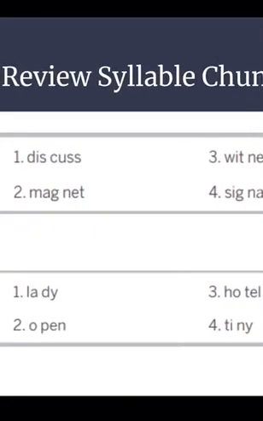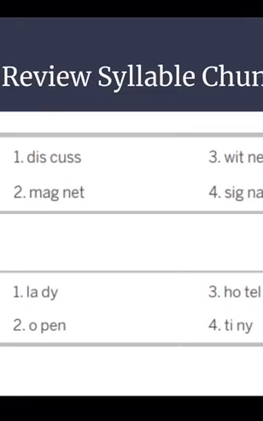How many syllables are in discuss? That's right, 2. Discuss. You can clap or you can put your hand under your chin and say the word discuss. And how many times does your chin drop? 2.